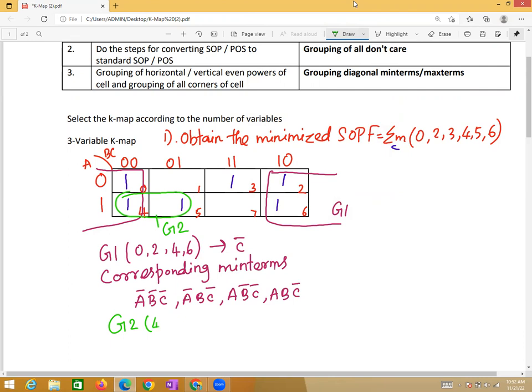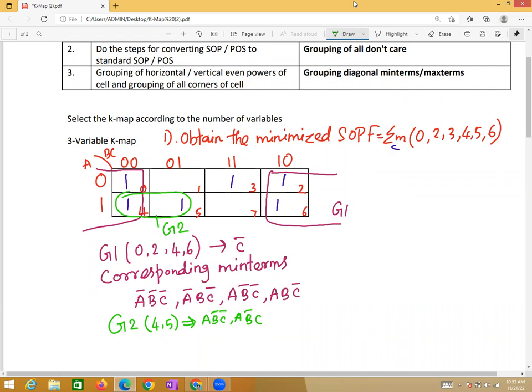The corresponding cell numbers for this one are 4 and 5, and the corresponding min terms are A, B bar, C bar, and then A, B bar, C. This is the respective min terms for this group of 4 and 5.